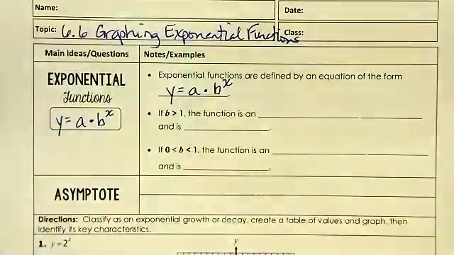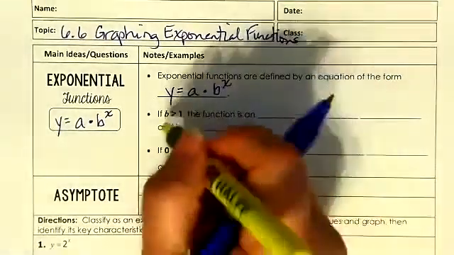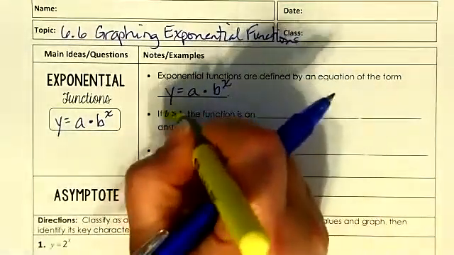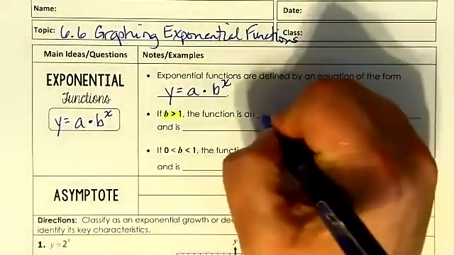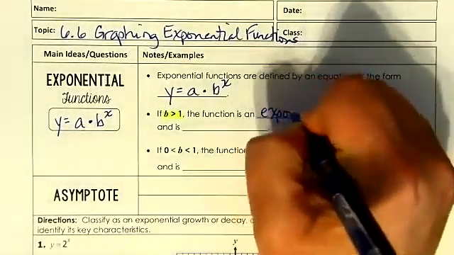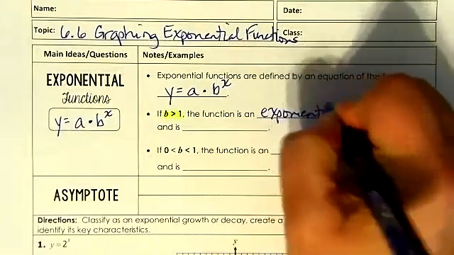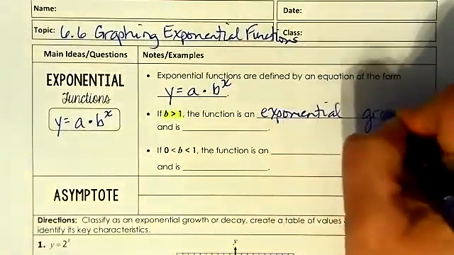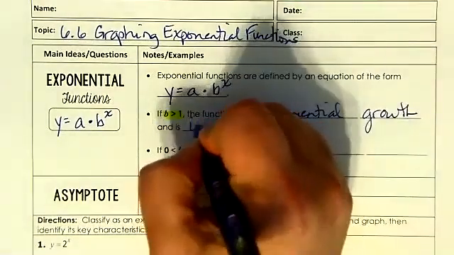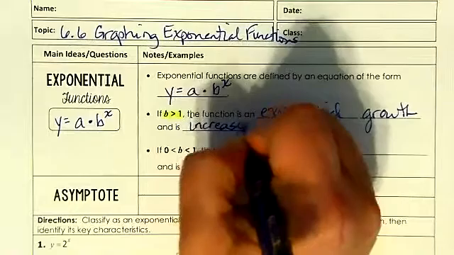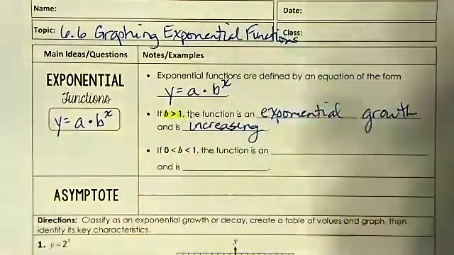Okay, the important things: if the b is greater than 1, then the function is an exponential growth. Bigger than 1, that means it's going to be increasing. Kind of makes sense because if it's bigger than 1, it's going up.